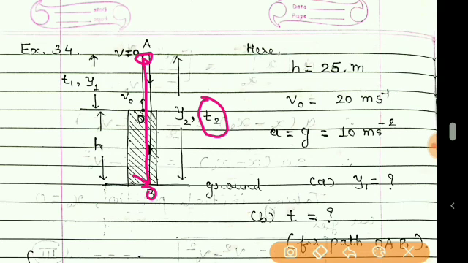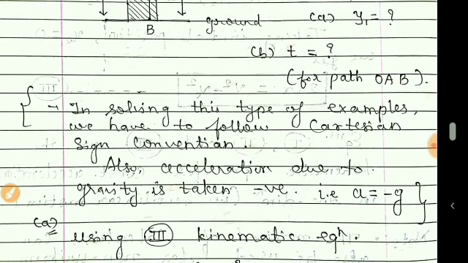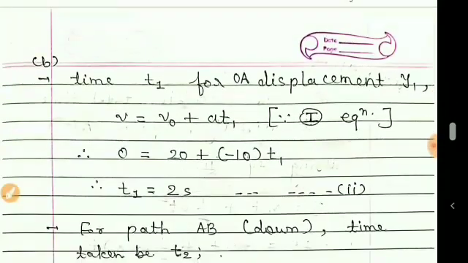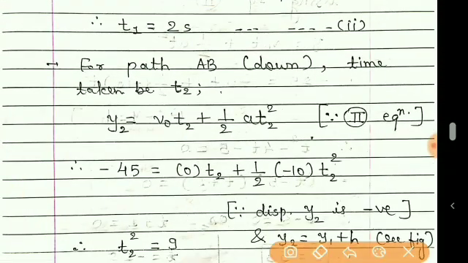Now students, here initial velocity is 0 at point A. Acceleration due to gravity is also known, and we want to find this time. So initial velocity is known, acceleration is known, and we want to find the time. So which equation can be used? You can easily make out that only this equation can be used.